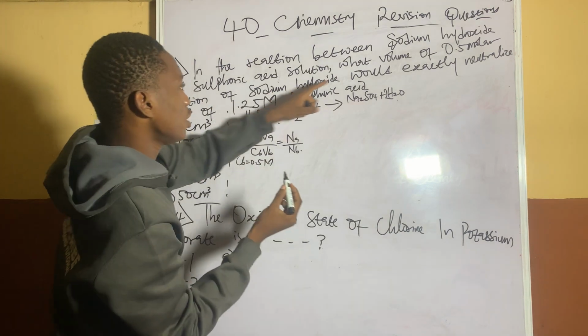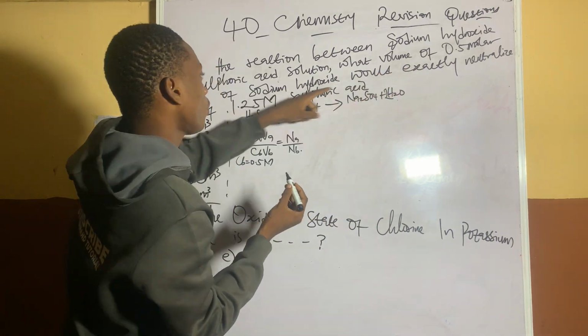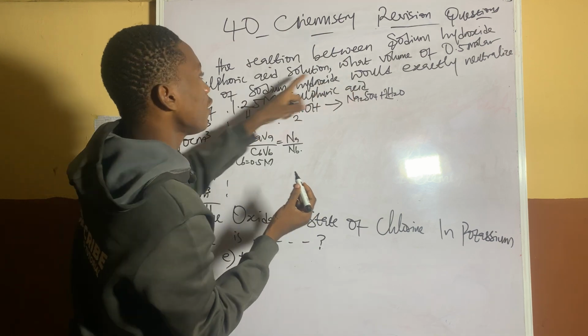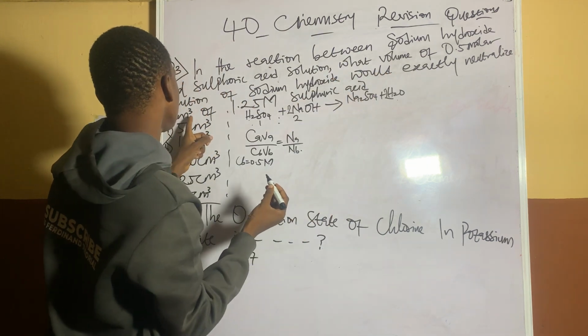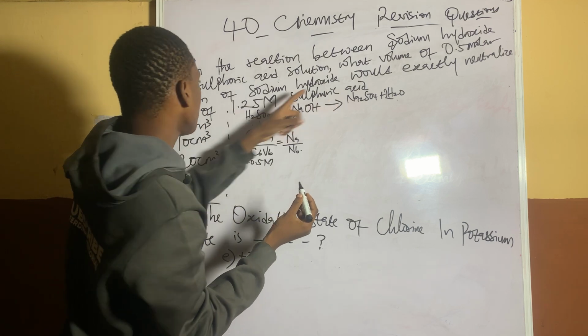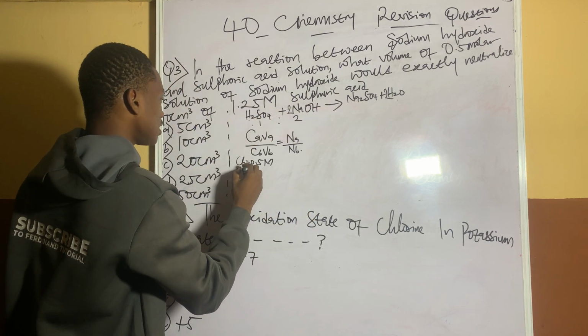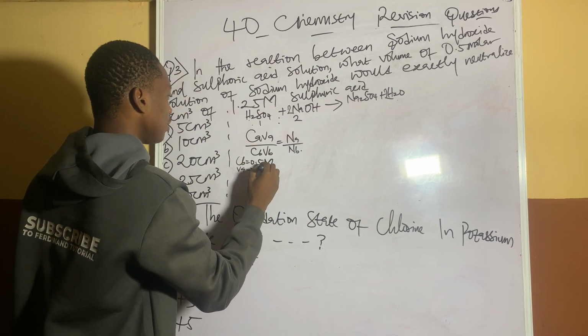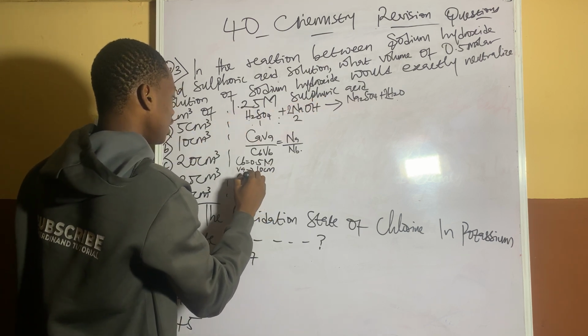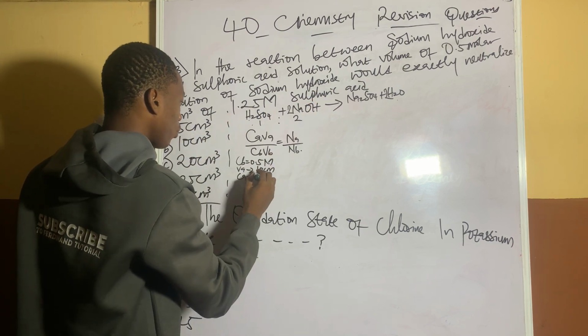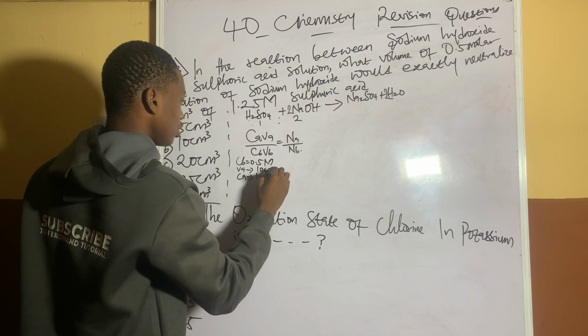Now we come here, they say 0.5 molar solution of sodium hydroxide would exactly neutralize 10 cm cube of sulfuric acid. So that means volume of acid is 10 cm cube. Concentration of acid, CA, is 1.25 mole.